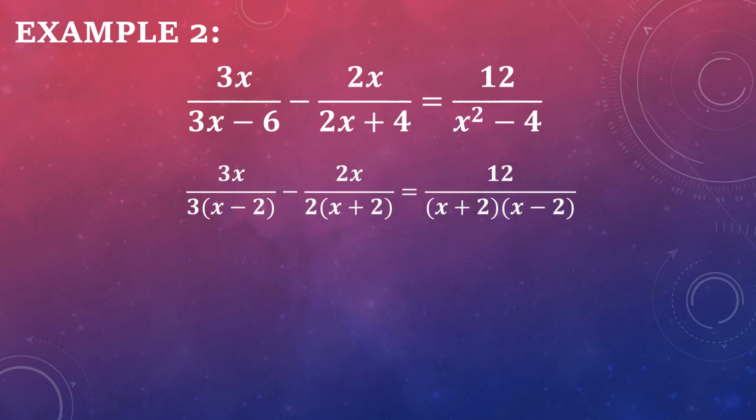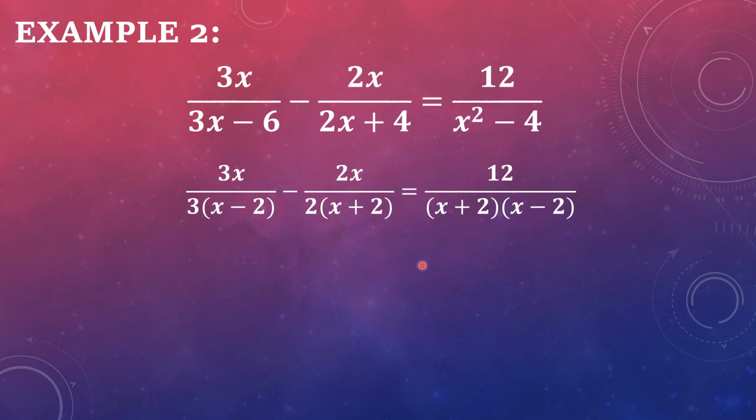Okay, so 3x over 3x minus 6 can still be expressed as 3x over 3 quantity x minus 2, minus 2x over 2x plus 4 can still be expressed as 2x over 2 quantity x plus 2, which is equal to 12 over x squared minus 4. The factors of x squared minus 4 are the following: quantity x plus 2 and quantity x minus 2.